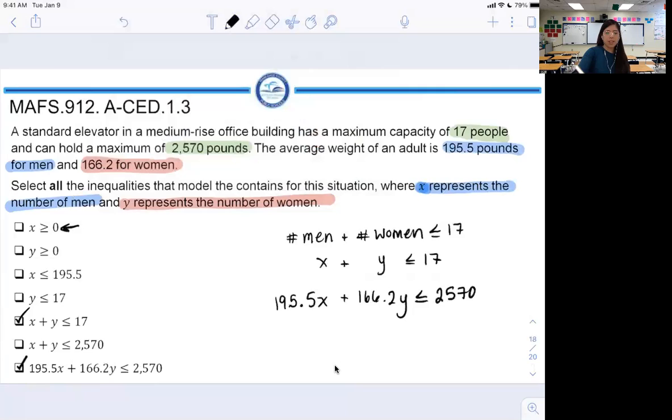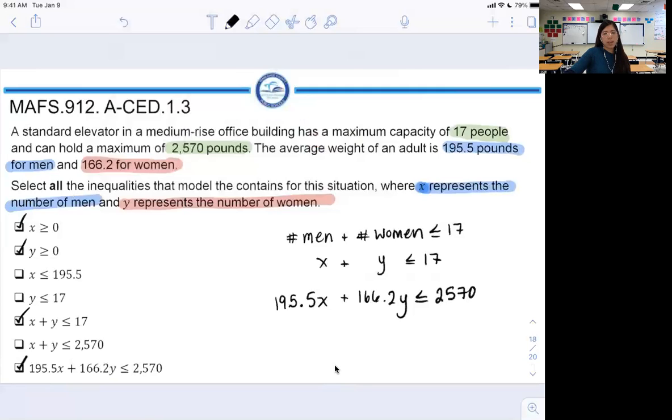It has to be a positive number, and that's correct. Same thing with women, however many women you have on that elevator has to be greater than or equal to 0. So that's fine.